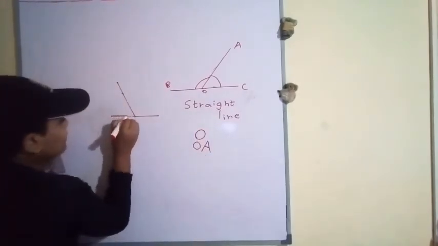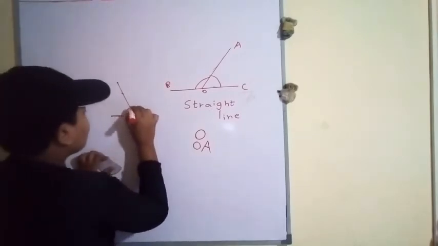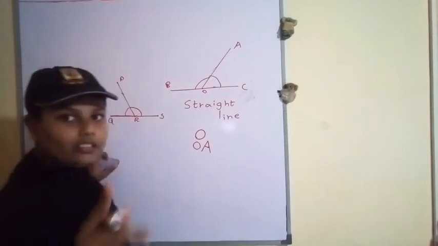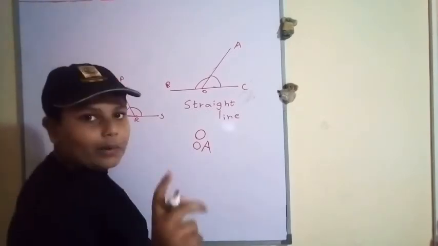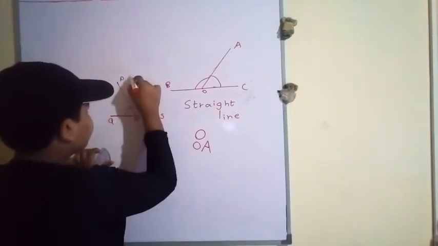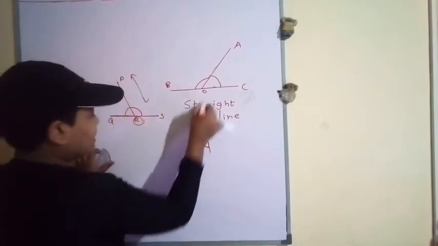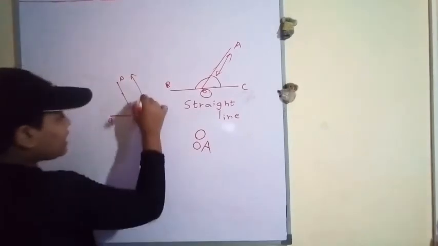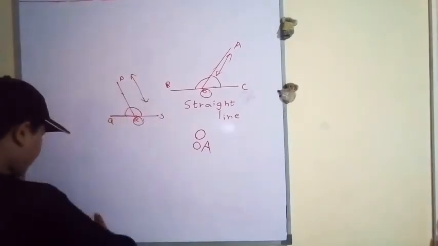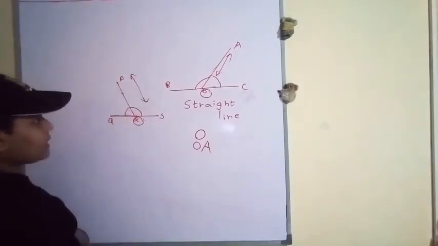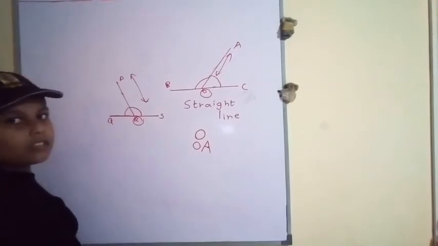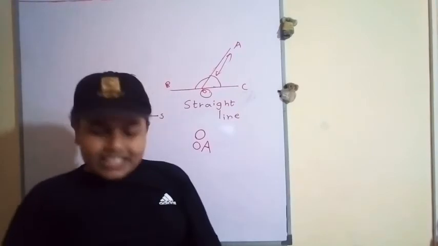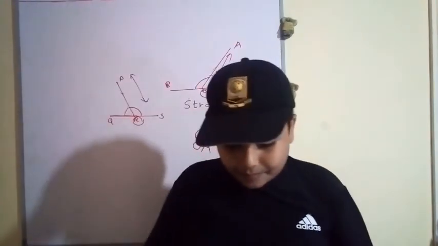That is the same one. Now there are also P, Q, R and S. What is the common vertex? R. What is the common arm? This one, PR. Right guys? Now I think you are clear on adjacent angles on a straight line.